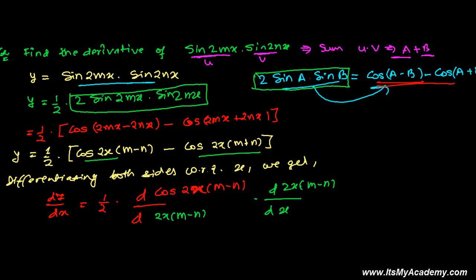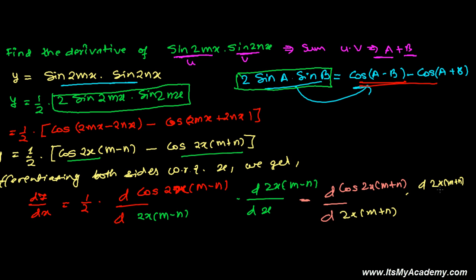It's the same process again. Minus the derivative of cos 2x(m plus n) with respect to its angle. The angle is again 2x(m plus n), and we differentiate the angle also, the derivative of 2x(m plus n) with respect to x.